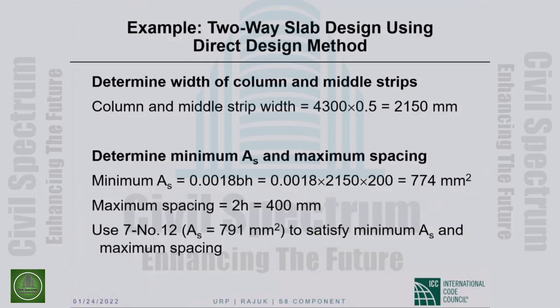So we cannot ever provide in this slab less than 7 number 12 in either the column strip or the middle strip. Okay, both have a width of 2150 millimeters.